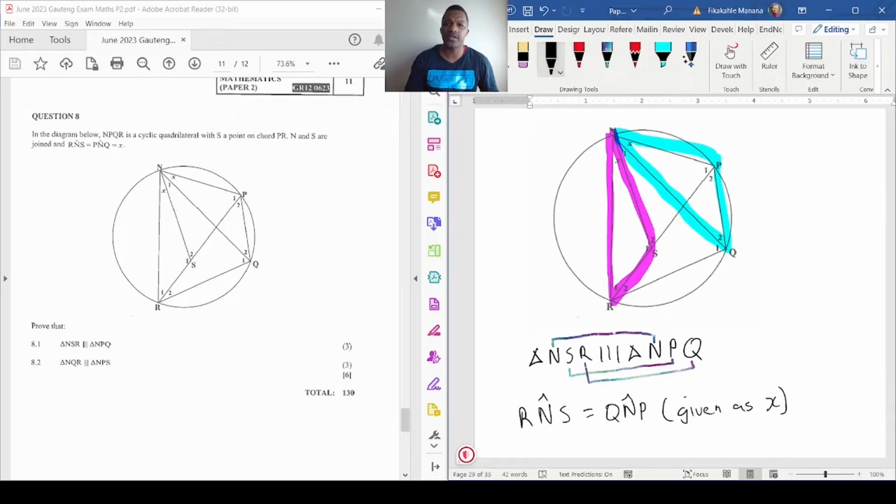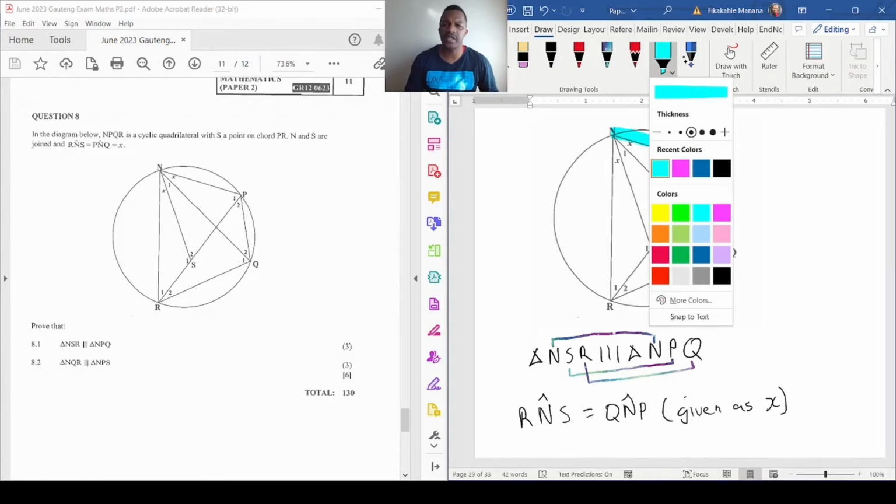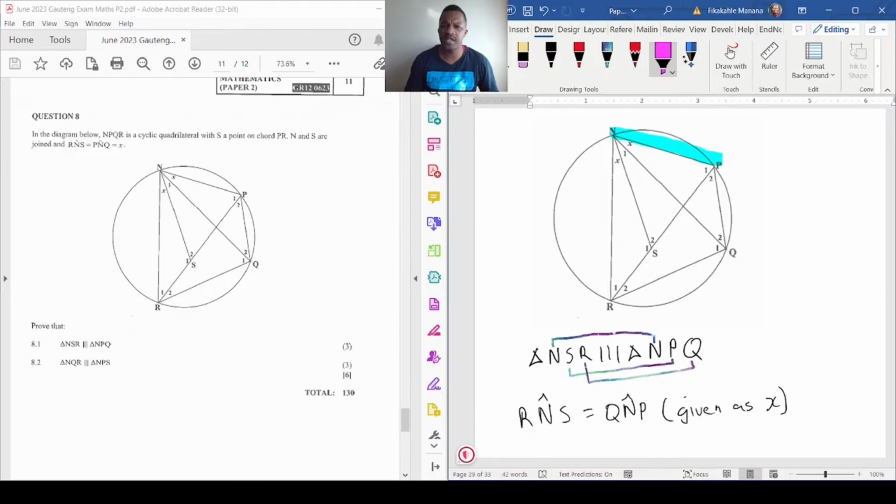Well, what I'd like to do over here, just to show it to you nicely, is that if you look at this chord right here, the chord NP, you can see that it subtends the R1 that I'm looking for. It also subtends the Q2 that I'm looking for.